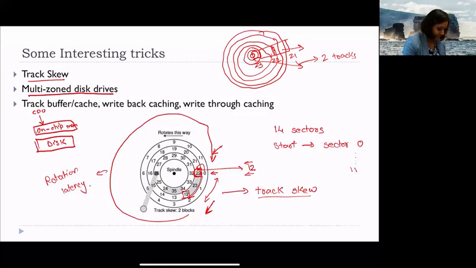Write-through caching is where the CPU process writes to the on-chip memory, but it doesn't return immediately. It needs to write through this on-chip memory all the way to disk, and only then does it return. So this is write-through caching. As the name says, write through: do not return somewhere in an intermediate state. Write it all the way through to the end and then return.